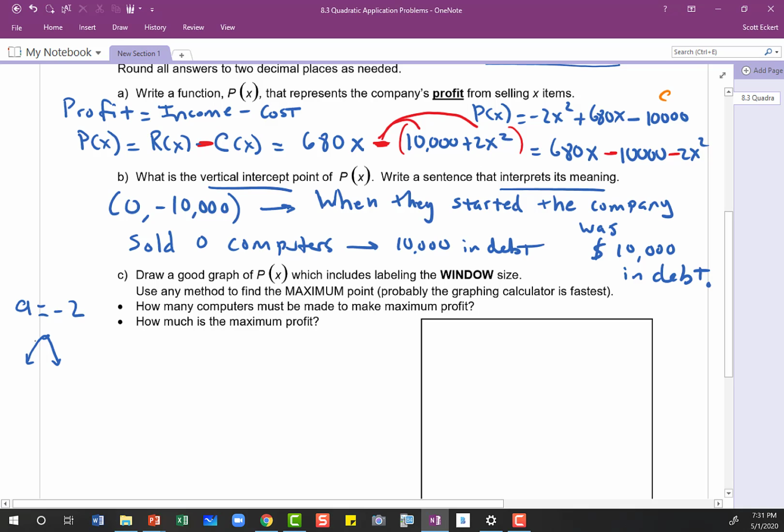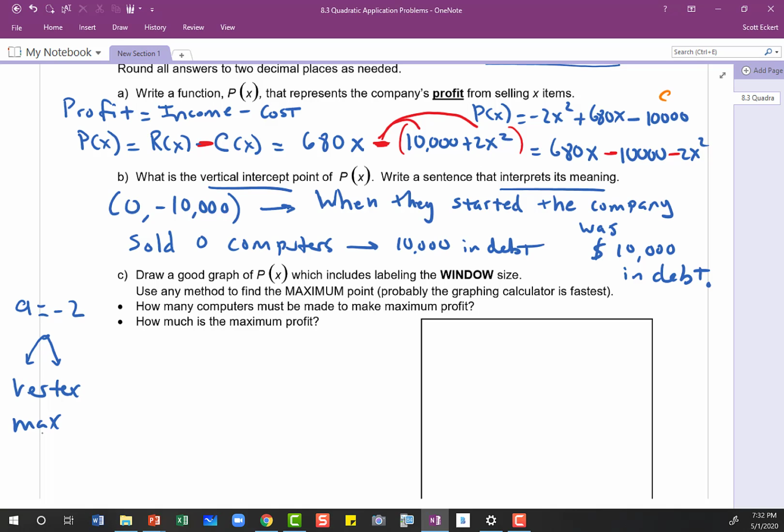So the vertex here is the maximum point in this problem. So everything here is about the vertex. And like the problem said, there's many ways we could find this vertex point. You can plug this in the calculator, which is a good strategy, or you could do it algebraically.